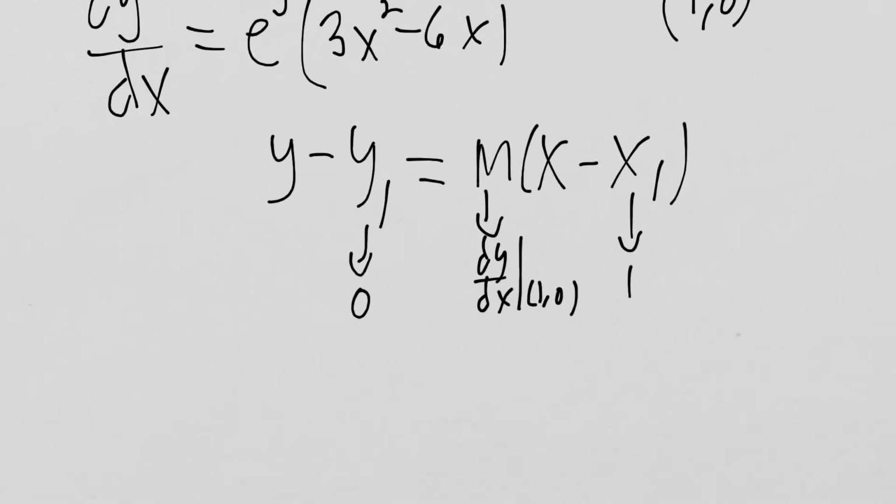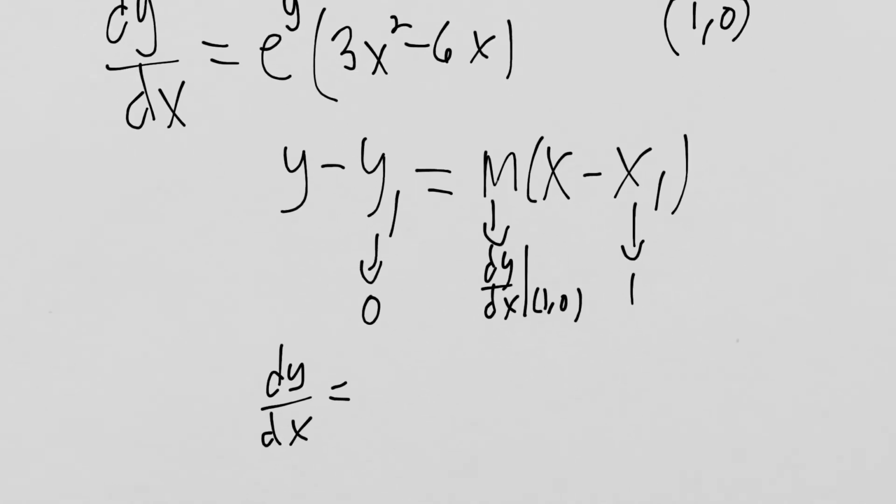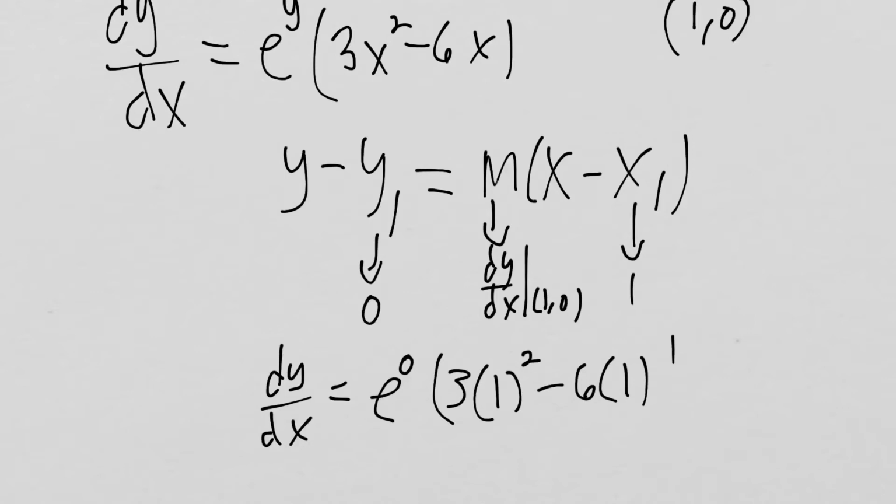So I'm going to plug in x equals 1 and y equals 0 into my dy/dx to determine my slope. dy/dx equals e to the 0 power times 3 times 1 squared minus 6 times 1.